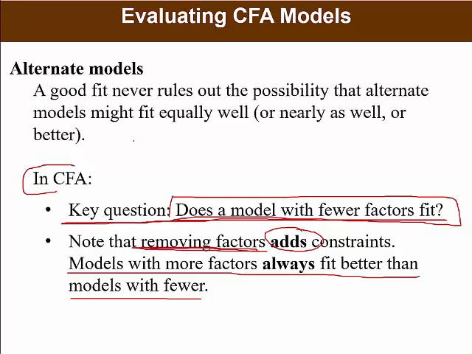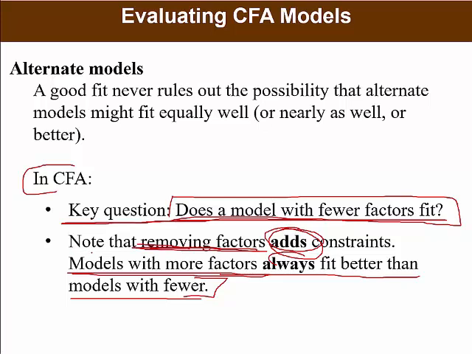So when we remove factors, we're adding constraints, and if we add factors, we're reducing constraints. Therefore, models with more factors will always fit better than models with fewer factors, and so we can't tell if we have too many factors by looking at the fit.